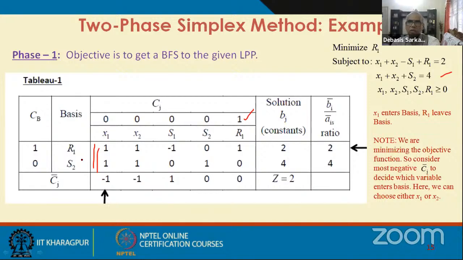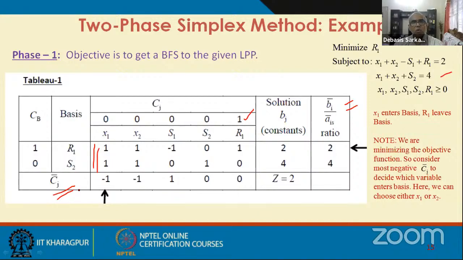So basis is r1 and s2. And then you find out the CJ bar, find out the minimum ratio. And since we are minimizing the objective function, we will consider the most negative CJ bar to decide which variable will enter the basis.